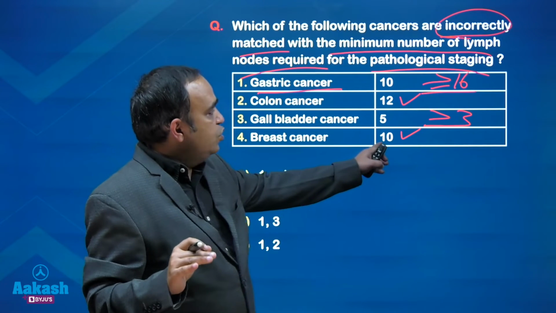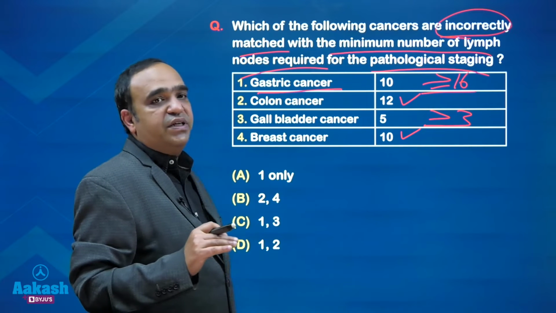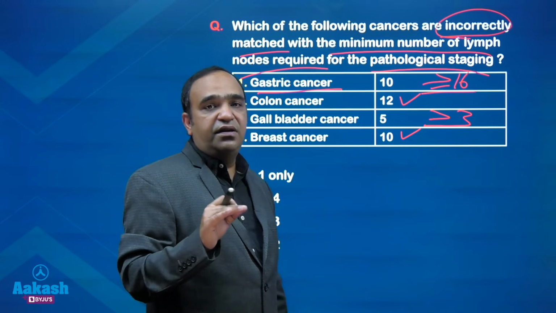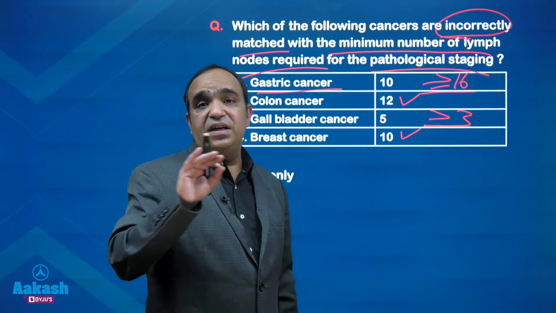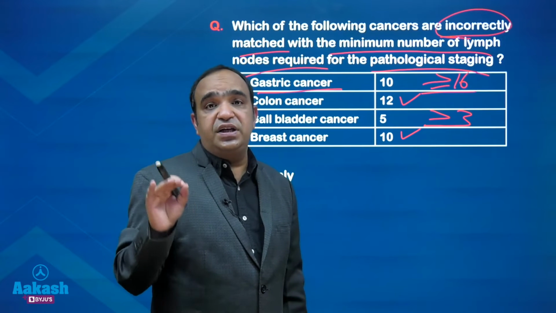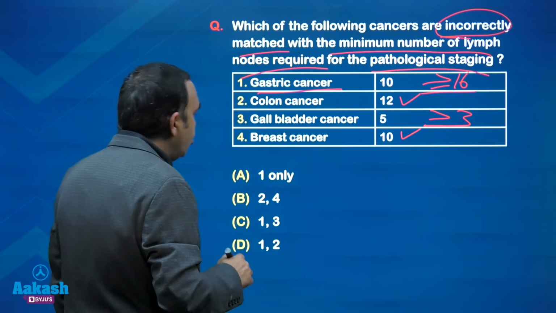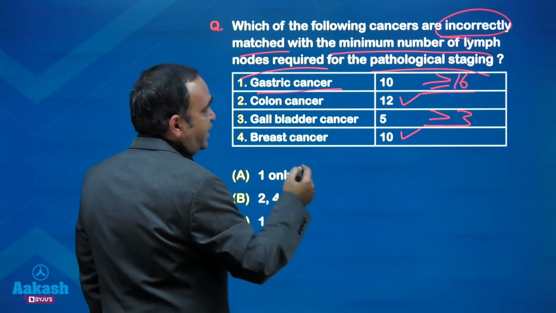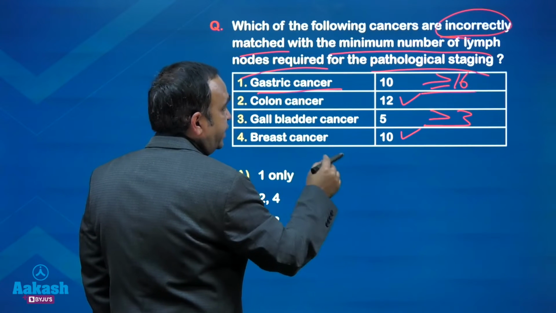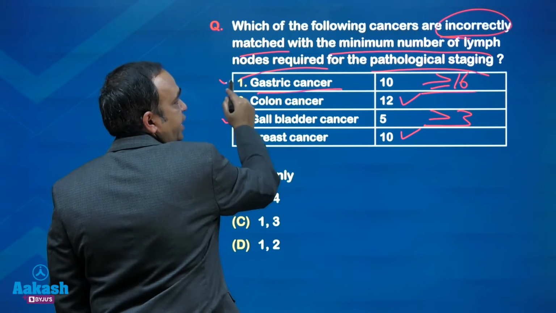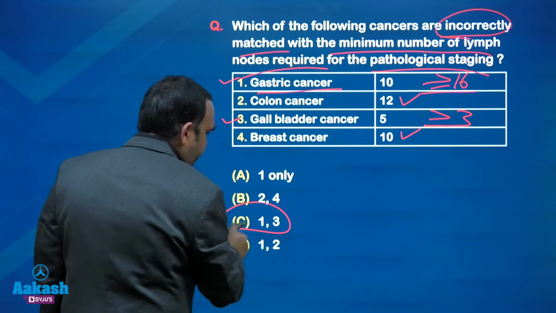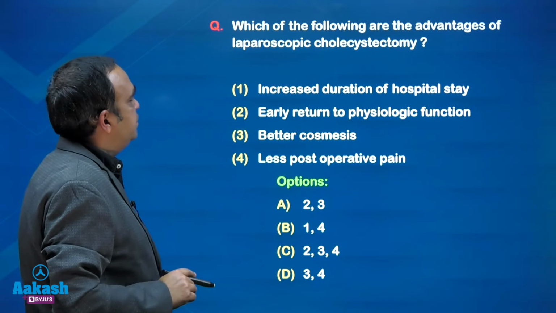If say you resect 8 lymph nodes in the breast cancer, in the axillary lymph node dissection, that's an insufficient specimen. Okay, so we have to choose incorrect. So incorrect are 3 and 1. So 1 and 3. So that's the answer here.